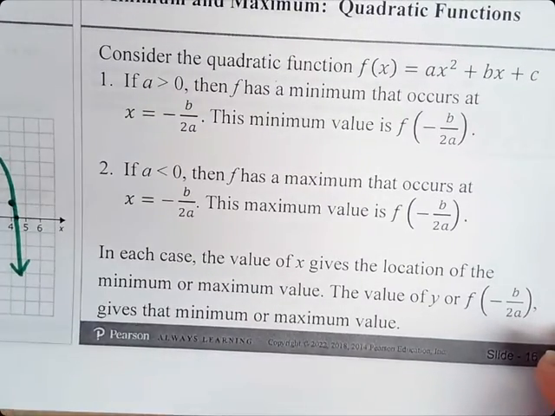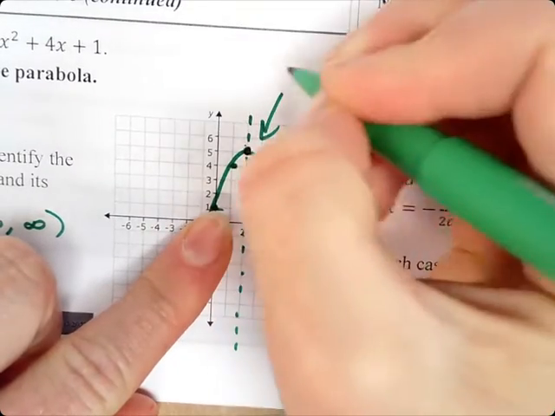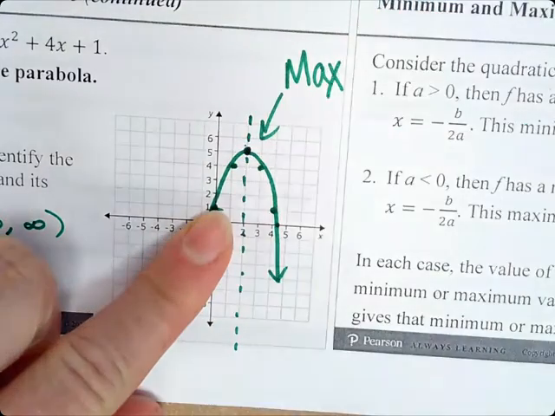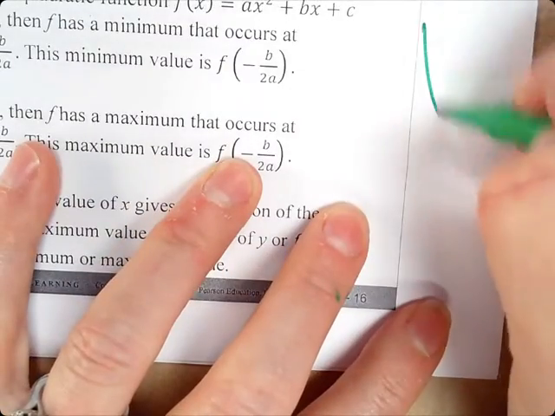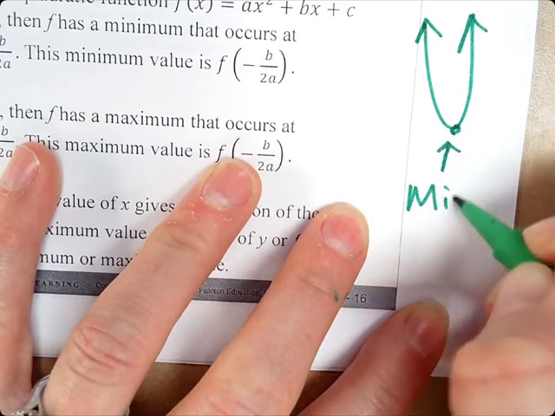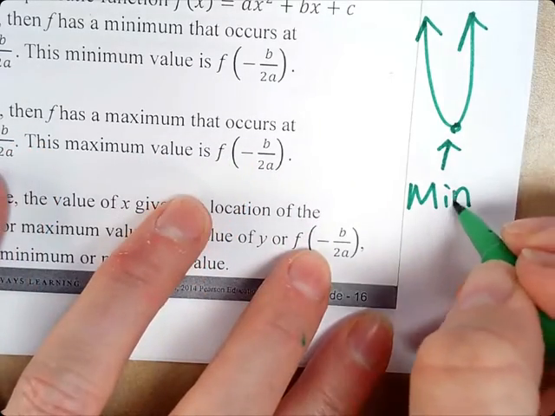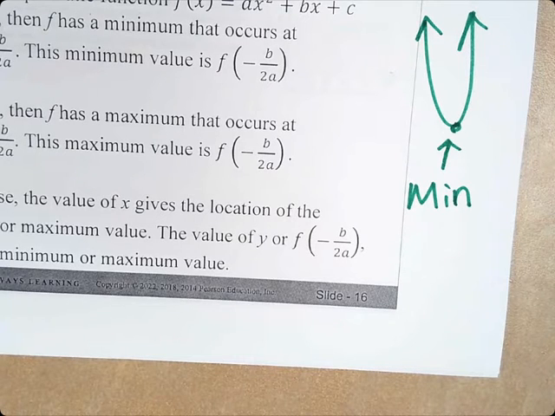Okay, so we're going to find the minimum and maximum. So this point is called a maximum. It's the highest point that it can go. If it was flipped around, then we would have the vertex as our minimum. So let's say it's like this. Then this point is a minimum. And you find the maximum or minimum by looking at the y value of your vertex.